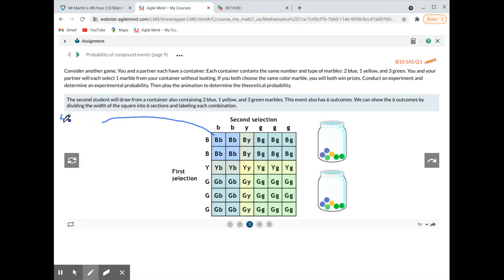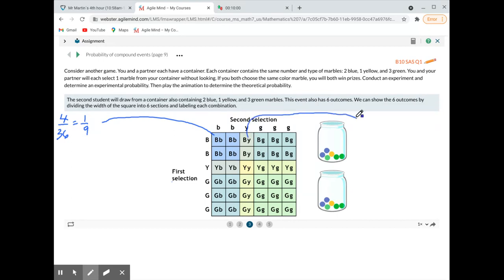Correct. Can that be simplified? 1/9. Perfect. How'd you do that? I divided each section. I divided 4 by 4, which got 1, and then I divided 36 by 4 and got 9. Perfect.